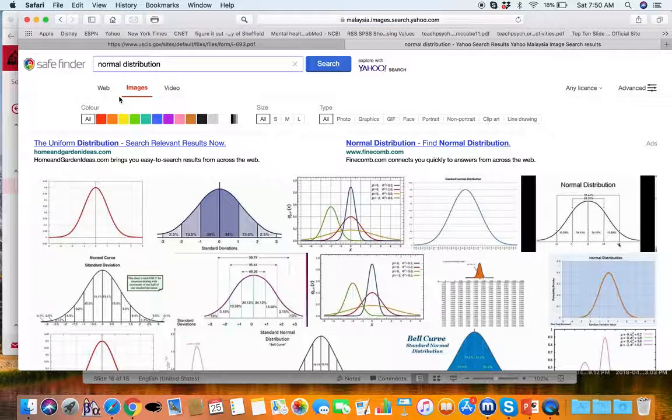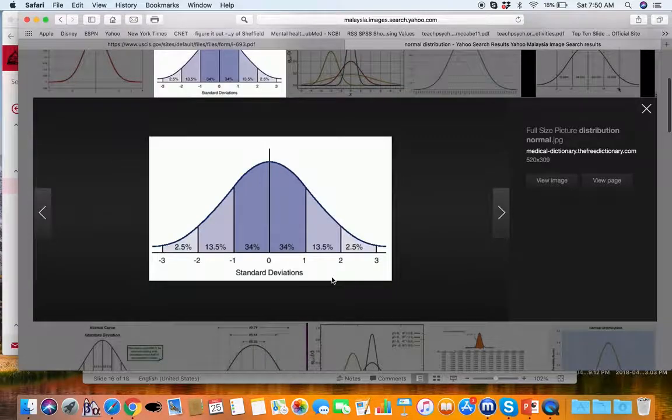Let's see if we can find some pictures over here. There you go. Great. This is what I'm talking about over here. So 68% of all scores clump together in the center. So one standard deviation, plus 1 minus 1, covers about 68%.